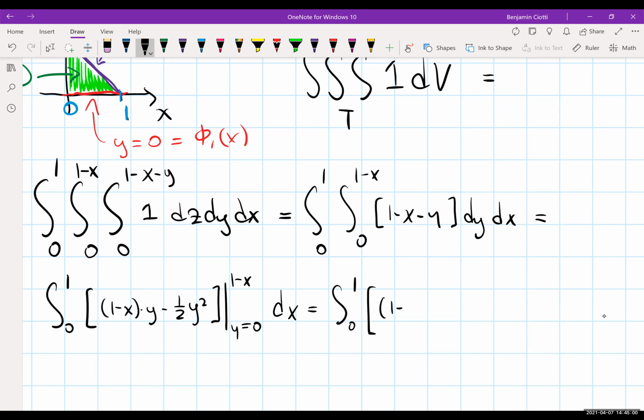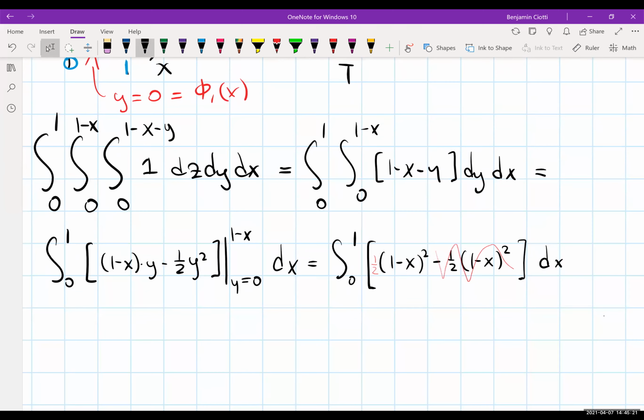So I'm going to get 1 minus x squared minus 1/2 of 1 minus x squared. In fact, I can even cancel one of these and just put a 1/2 right here. So I've got the integral of 1 minus x squared dx.